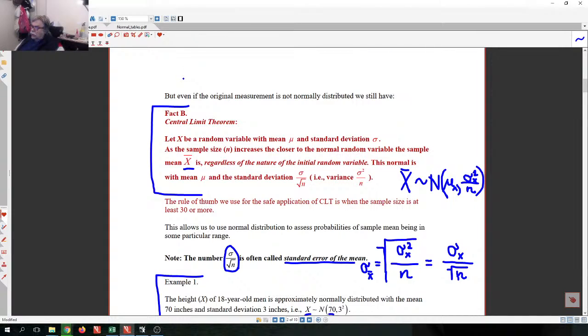And again, if you're going to use fact B of the central limit theorem to conclude that this is normal or approximately normal, you will need to have a large sample. That's our rule of thumb. It might be applicable on a smaller sample, but to be safe and to be able to use this conclusion that this is really approximately normal.